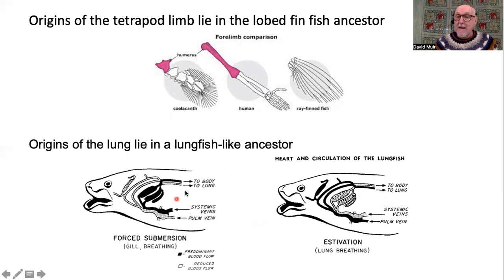They can run these together, but if they are entirely deprived of water or oxygen and have to just depend on the air to breathe, they can do so. And what they do is they switch off the gill circulation and switch on the lung circulation entirely.